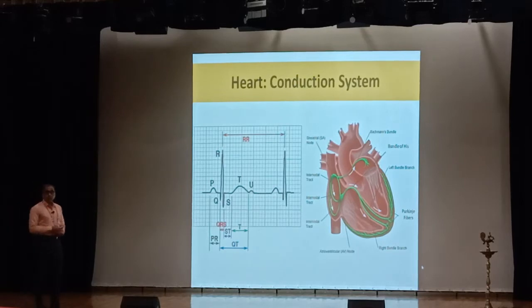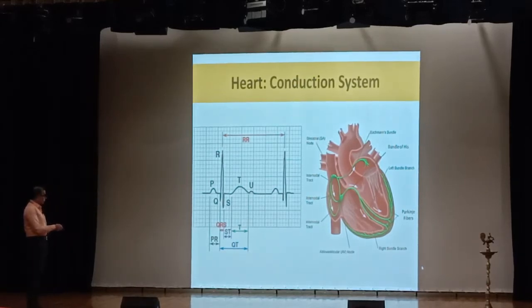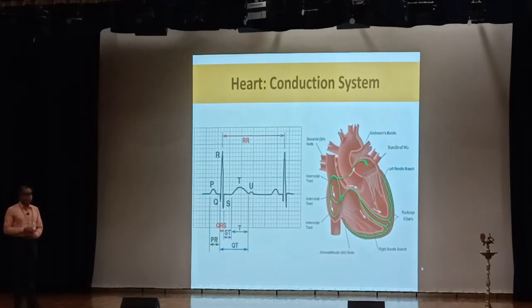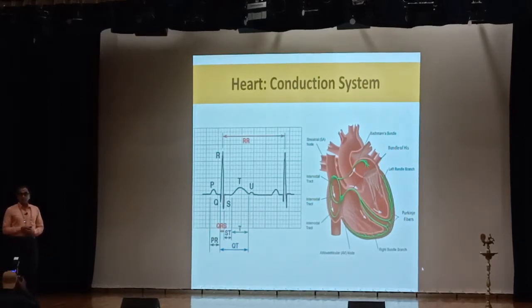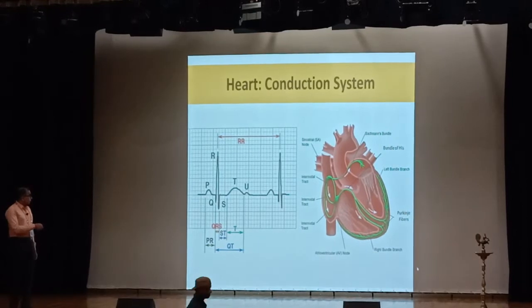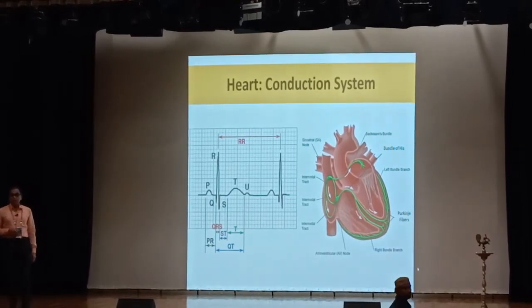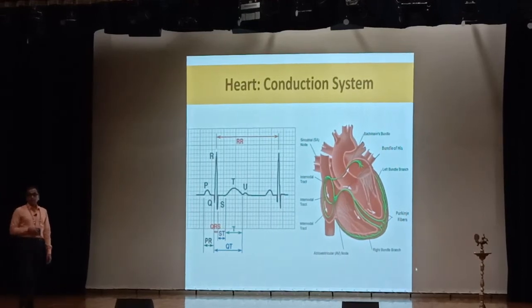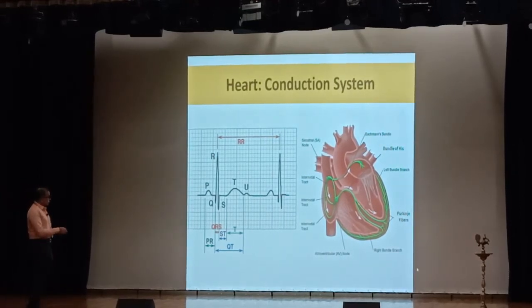in the right atrium. And from here, the electrical conduction initially goes through the internodal pathway to the right atrium itself and causes depolarization, and then to the left atrium, causing depolarization of the left atria, and finally it reaches the AV node, and from the AV node through the common bundle of His it reaches the ventricular septum.